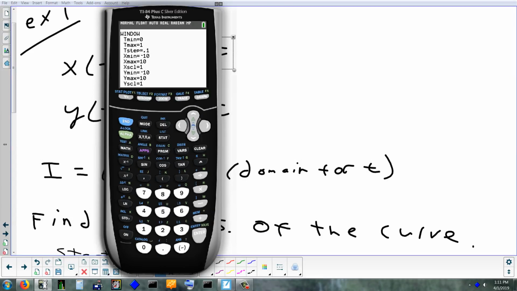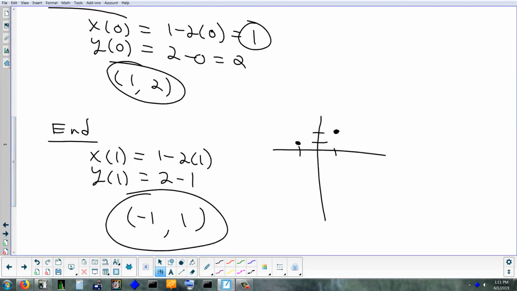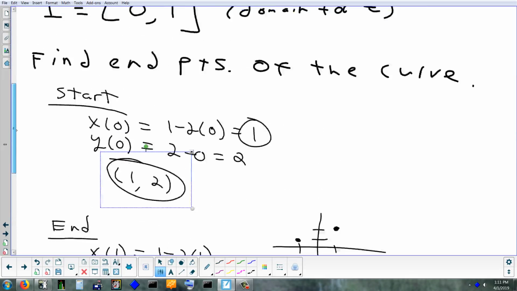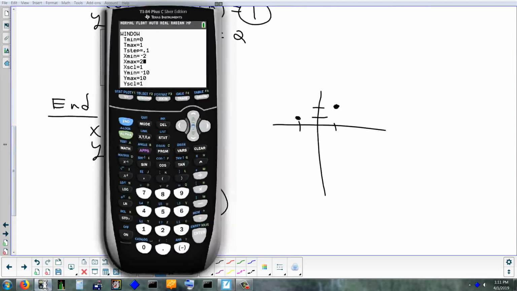Now my x min and y min and max, that's probably too big. I don't really need to go negative 10 to 10. My x's only go from negative 1 to 1. So I really could probably just do like negative 2 to 2. And my y's go from 1 to 2. So I'll go from 0 to 3. Just leave a little extra.